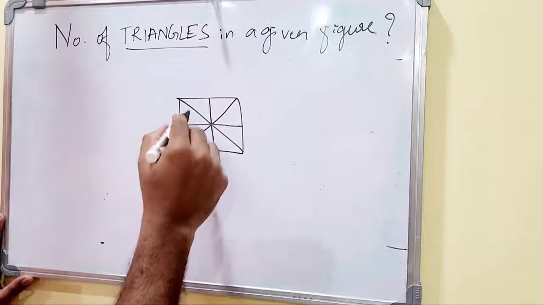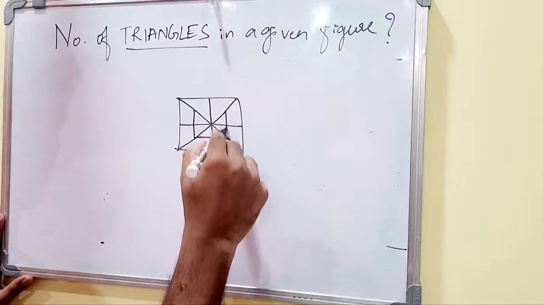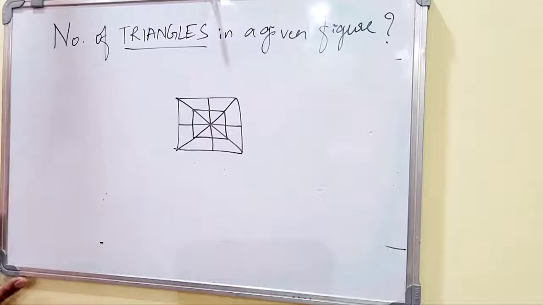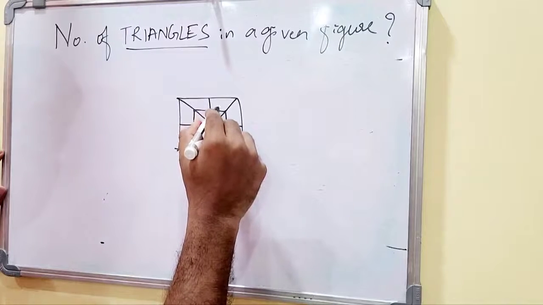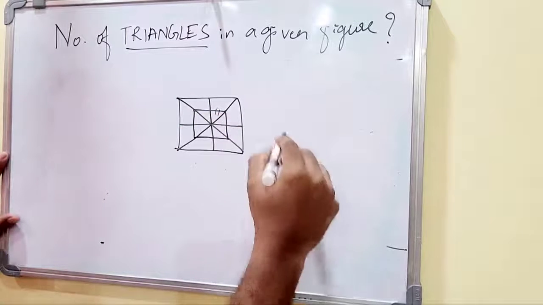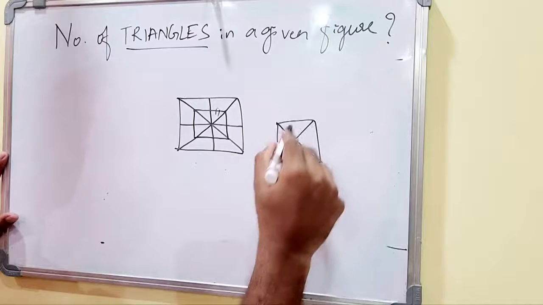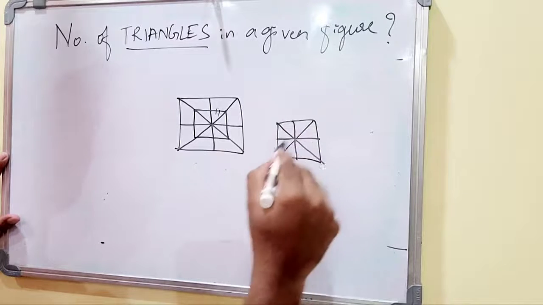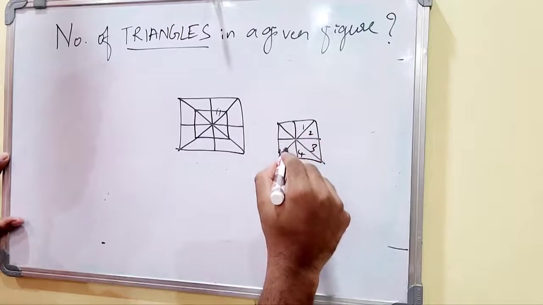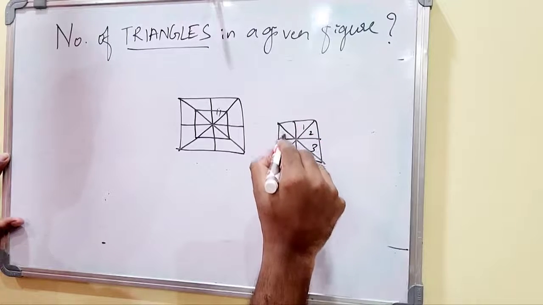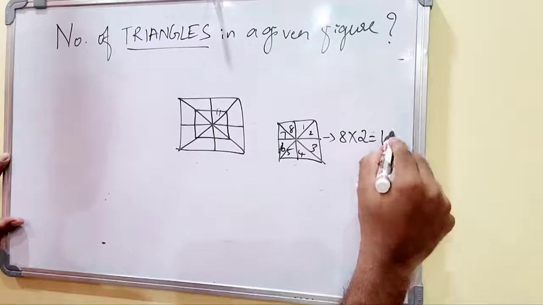And within this, we'll draw another figure. Previously we had seen this figure, and how many triangles did it contribute? In the previous example, we had seen that this figure contributed 1, 2, 3, 4, 5, 6, 7, 8. 8 into 2 is equal to 16.